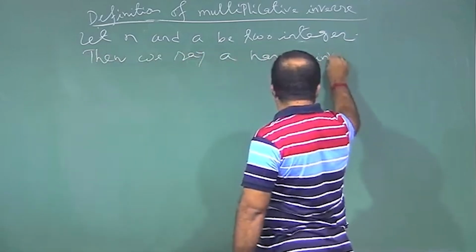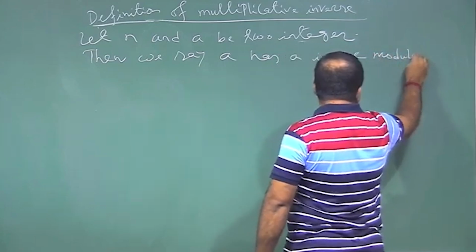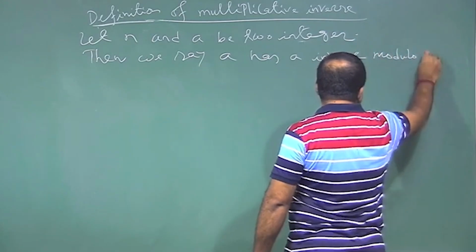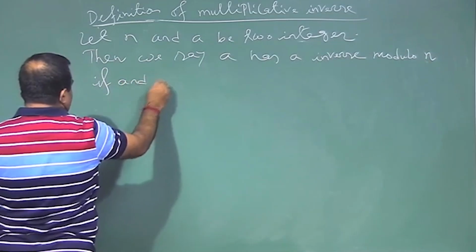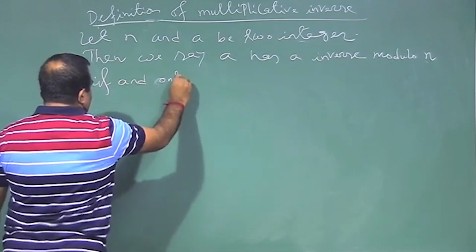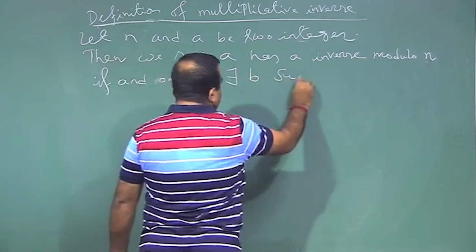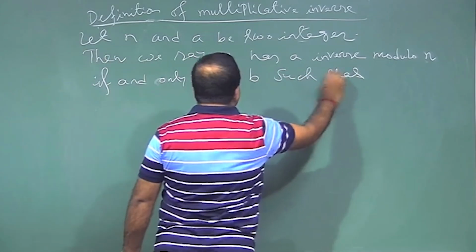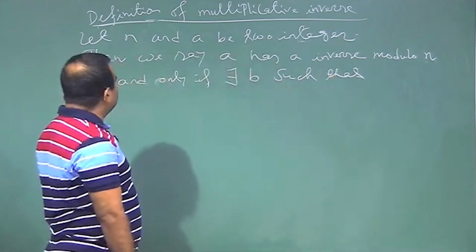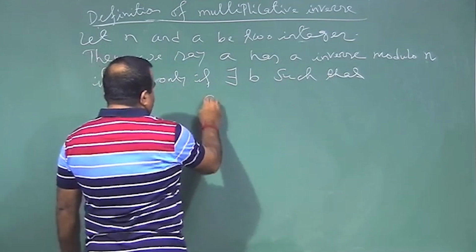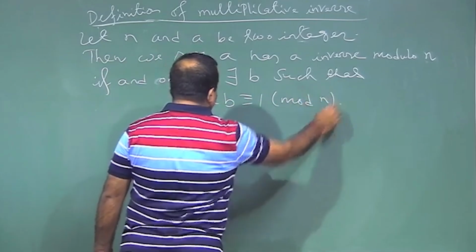This inverse is basically the multiplicative inverse under modulo n if and only if there exists a B, where A and B belong to Zn, such that AB is congruent to 1 mod n.